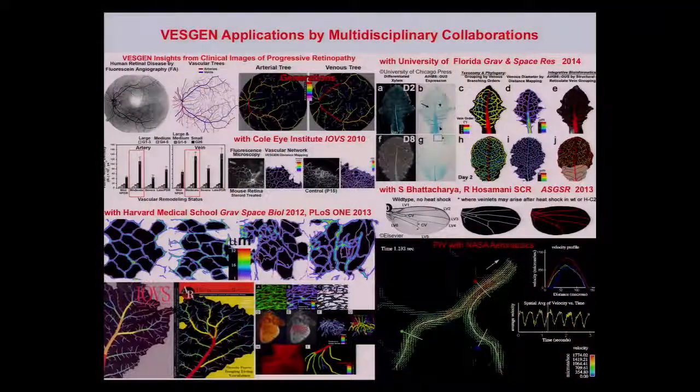So, when faced with the bewildering, amazing variety of vascular systems in the various species, tissues, length scales, one unifying principle that we really can hang on to is the usefulness of fractal branching as a natural space-filling mechanism in physiology.